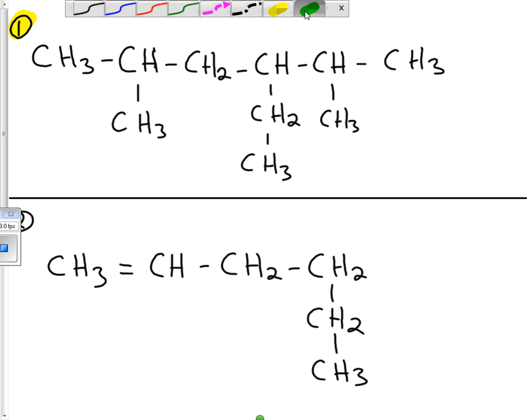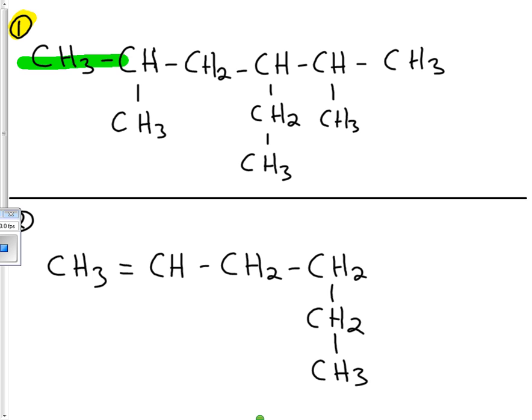But let's go ahead and highlight this. Let's see what we got here. We have a 1, 2, 3, 4, 5, 6 carbon length chain right there. That is our longest. We could go 1, 2, 3, 4, 5, 6, but we're not going to go that way. So this is our longest continuous chain that we have highlighted.